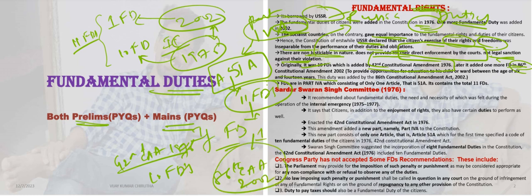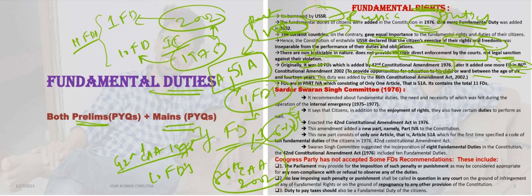In total, 11 fundamental duties. This 11th fundamental duty, remember, is important for the exam: to provide opportunities for education to a child or ward between the age of 6 to 14 years. Education for children aged 6 to 14 is important. This deals with the 11th fundamental duty.